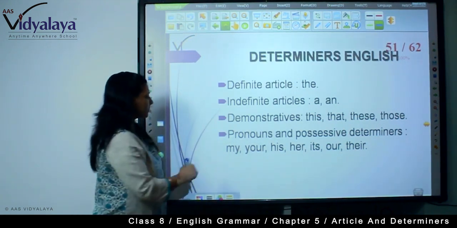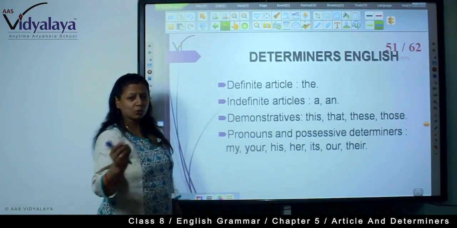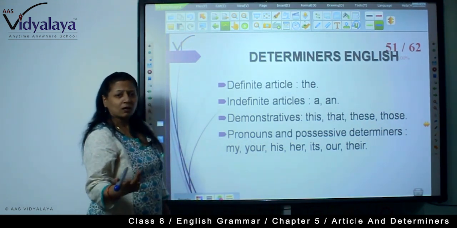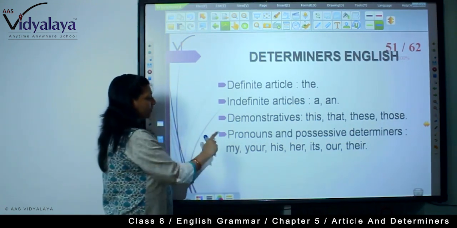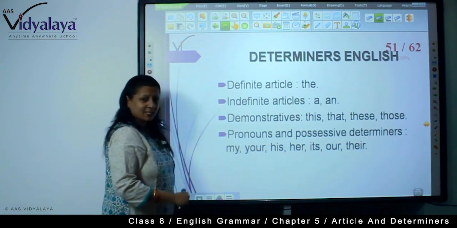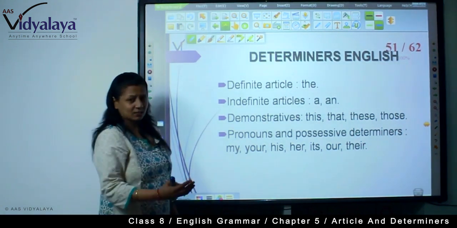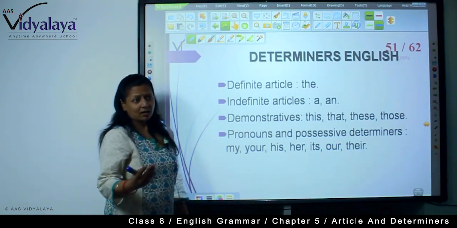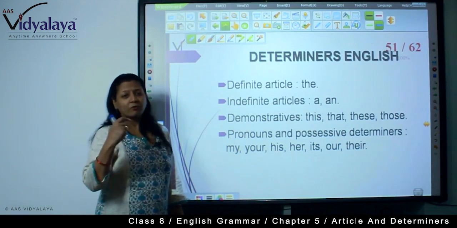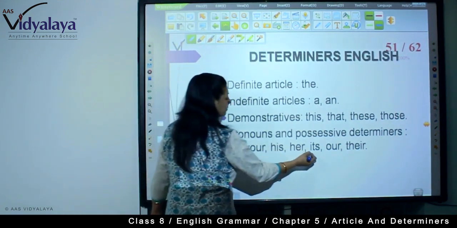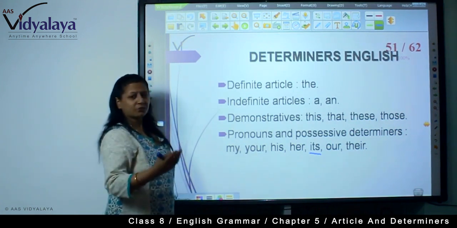Pronouns and possessive determiners. My book, my house, your pen, your cousin, your sister. See, nouns are there after these pronouns. His pen, her dress. So for example, if we use this for an animal, its food.